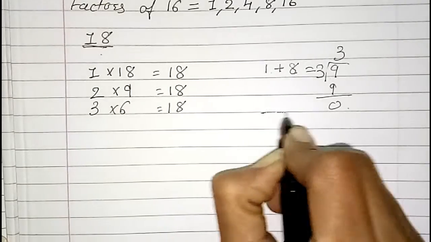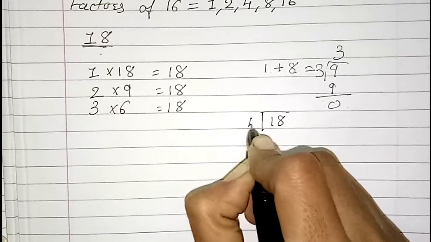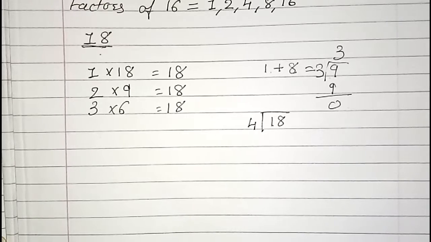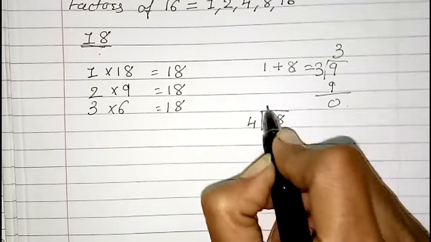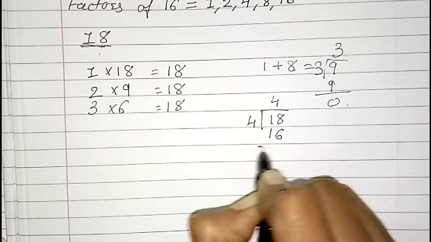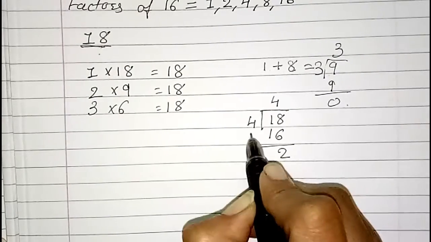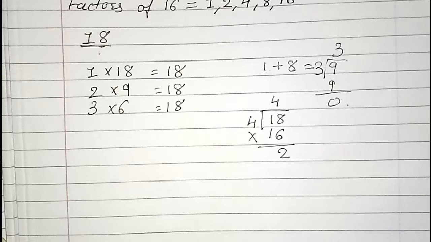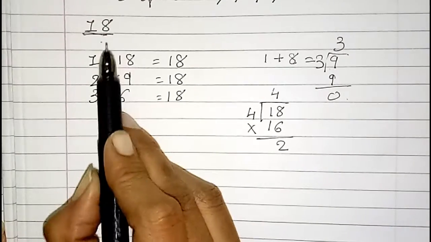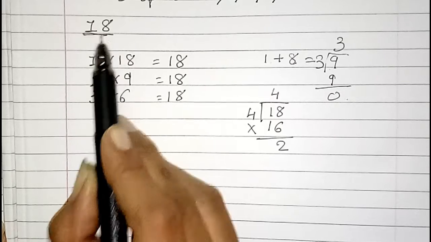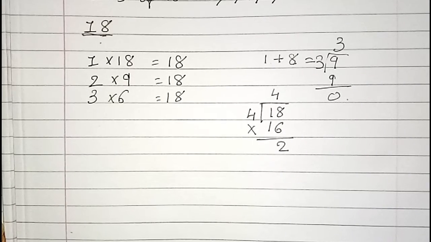No problem, let's check. Divide 18 by 4. 4 4s are 16 and 4 5s are 20. 4 4s are 16, 2 is remainder, so 18 cannot divide by 4. For 5's divisibility, the ones place should be 0 or 5, so 18 cannot divide by 5.